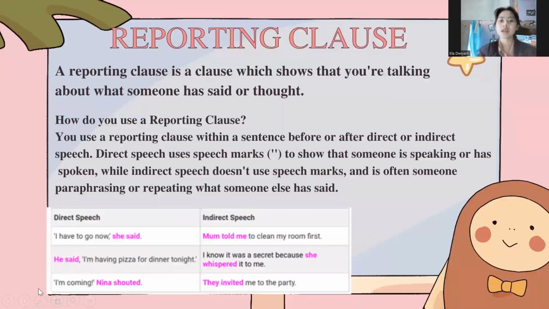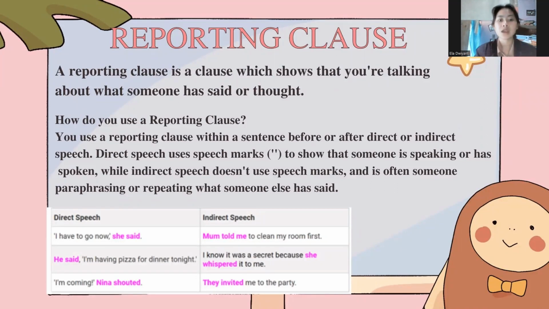Next, reporting clause. A reporting clause is a clause which shows that you're talking about what someone has said or thought. You use a reporting clause within a sentence, before or after direct or indirect speech.